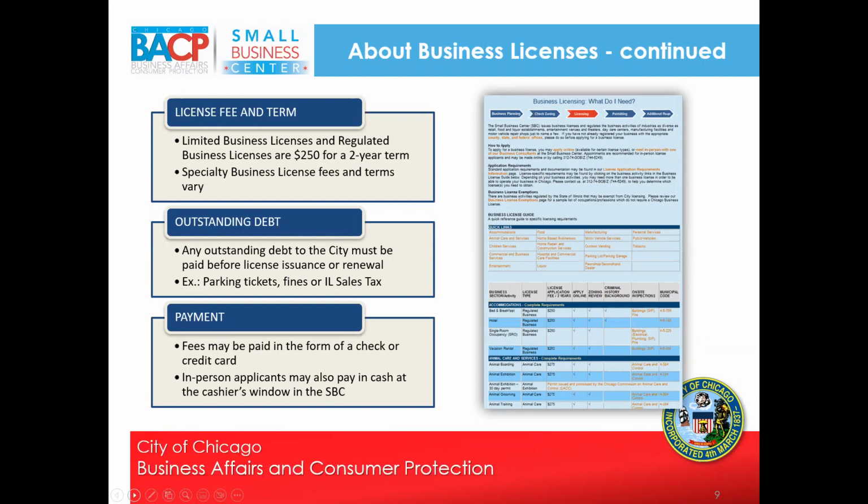If there is any outstanding debt that's owed to the city, meaning that during the time of your application process you have any outstanding parking tickets, water bills, things of that nature, we do require you to take charge of that and either get on a payment plan or pay off that debt. If you need to get on a payment plan, the city does offer various payment plans. And as long as you provide us proof that you are on an active payment plan, then we are able to proceed with the license and issue the license.